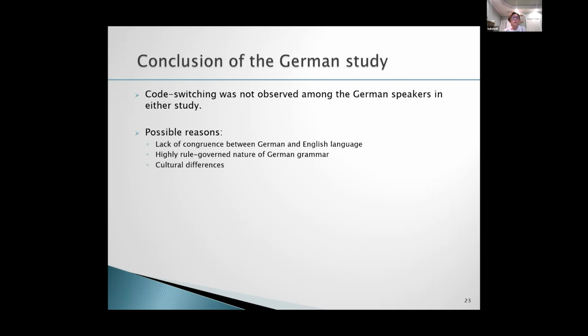Or it may be cultural differences that make them more likely to follow the instruction rather than trying to include someone who just entered the room and doesn't speak that language. That is up for speculation, but next.